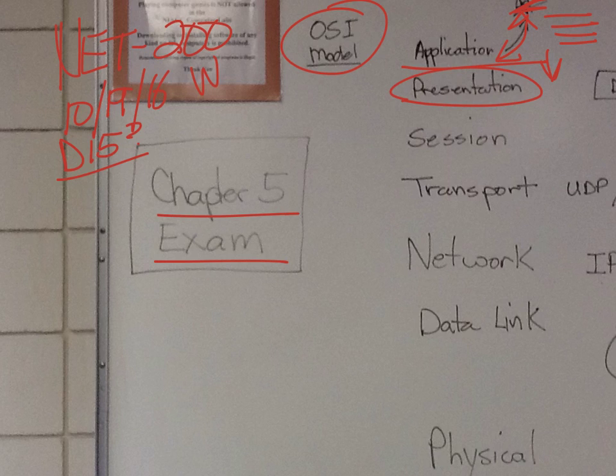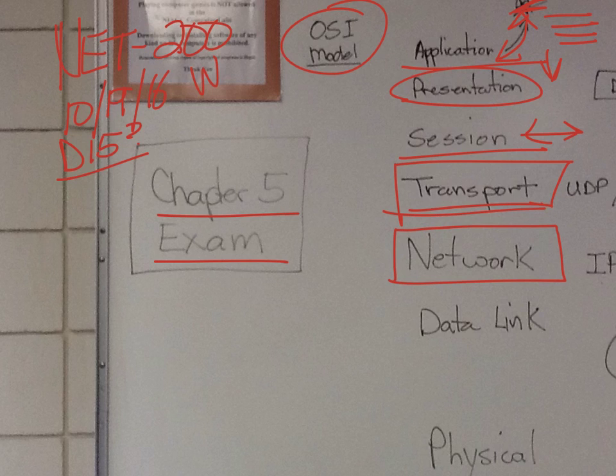We prepare the data at the presentation layer, and we set up a session, sometimes referred to as peer-to-peer, and then we segment the data and get it ready to transport. We have a couple different ways of transporting, which we'll mention in a minute. So we segment the data. Now we're going to find the best path, add IP addressing.